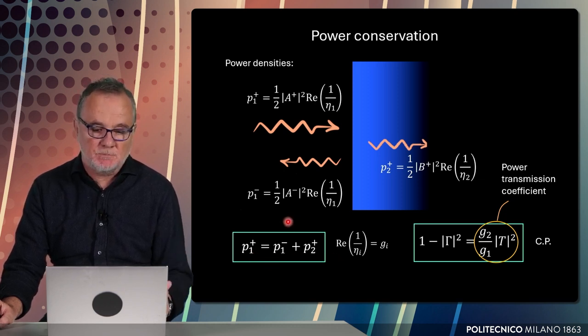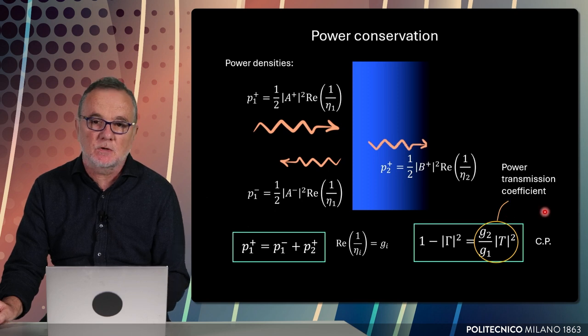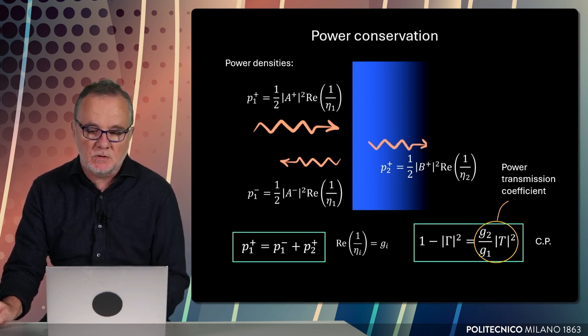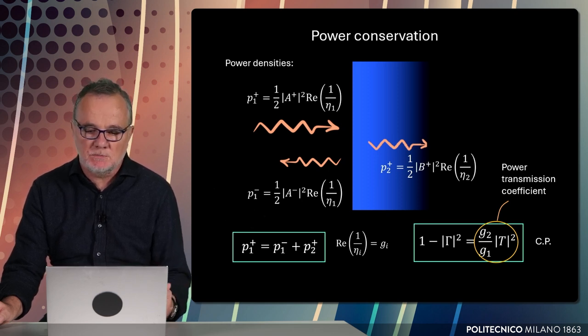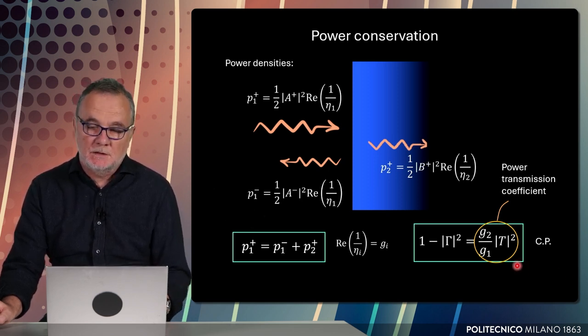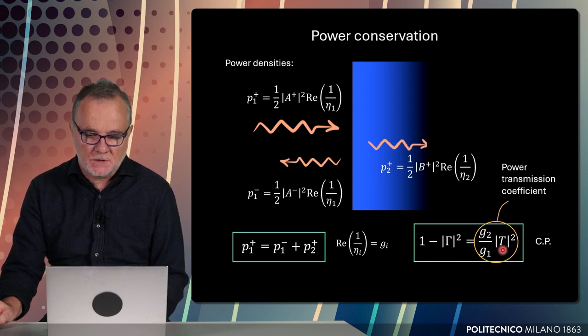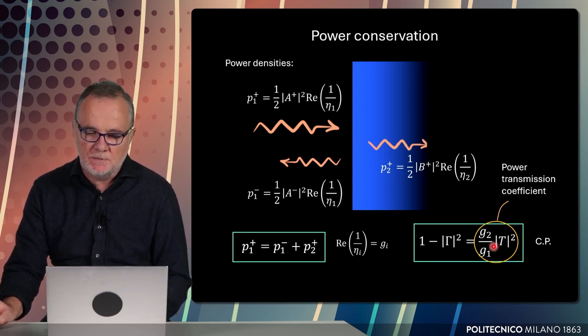And since we can express the power density as a function of the field variables, we can also write this power conservation at the interface in terms of the two known reflection and transmission coefficients. The difference is that now there is also the appearance of the change in these two numbers.